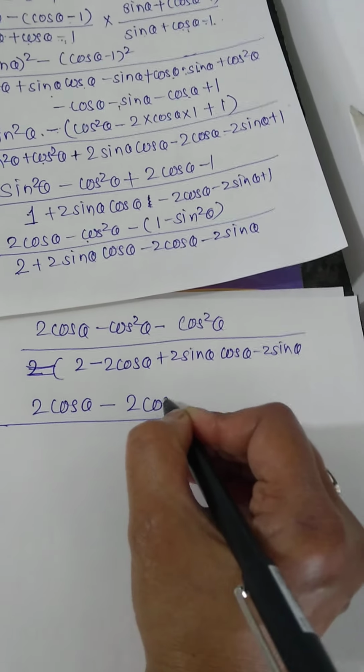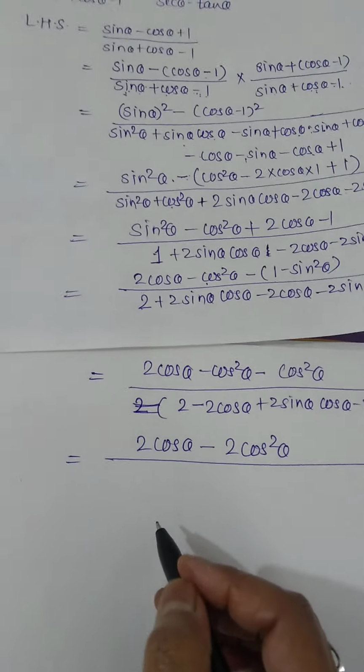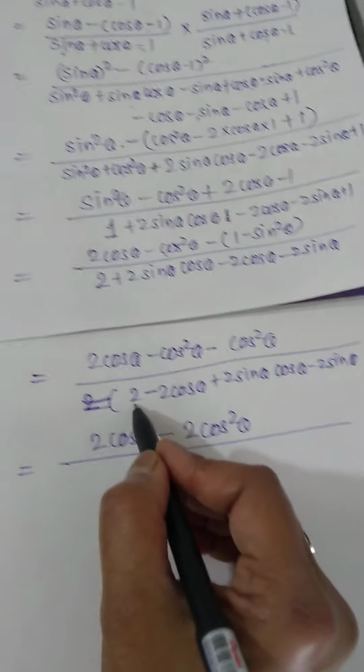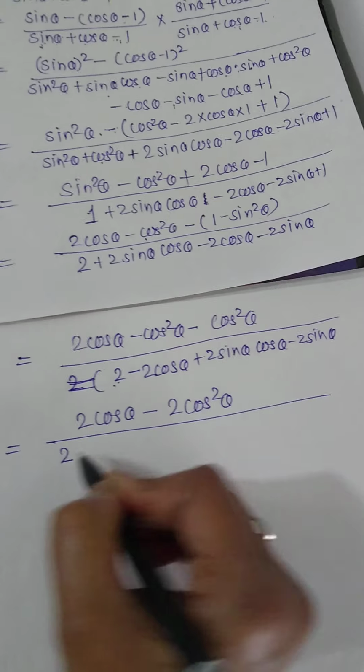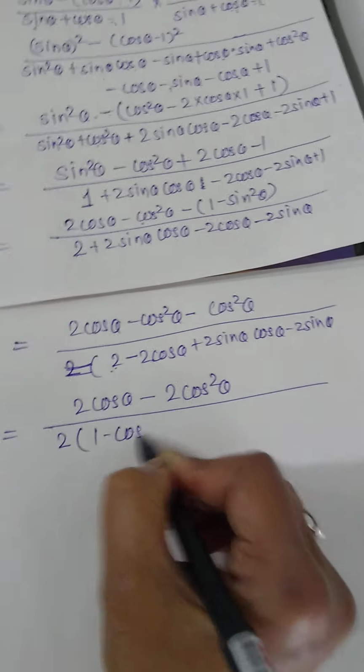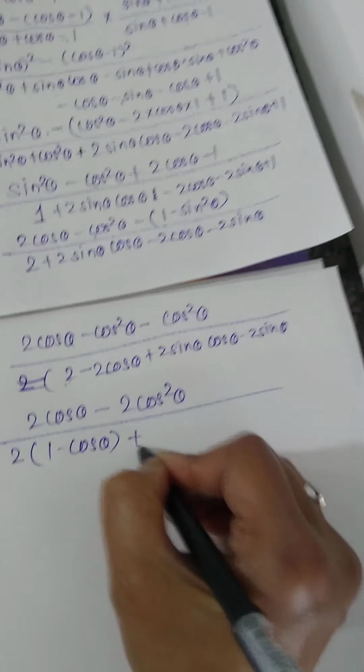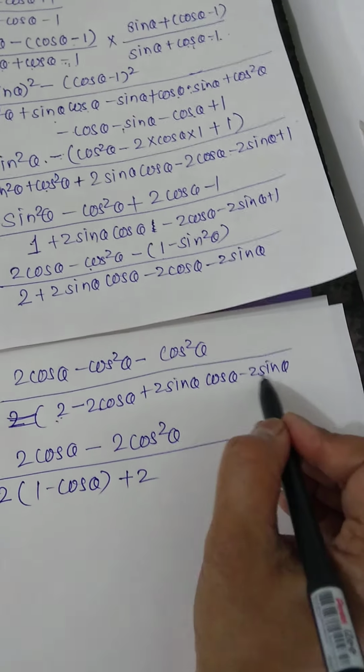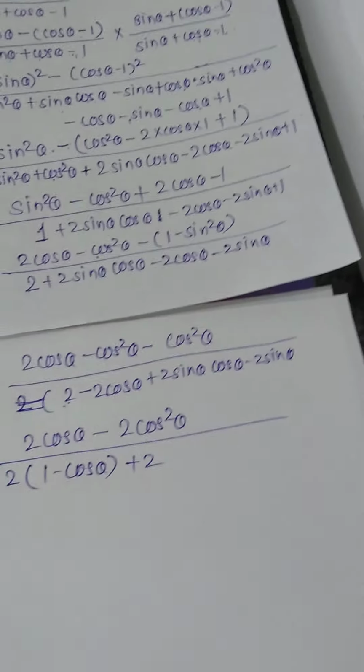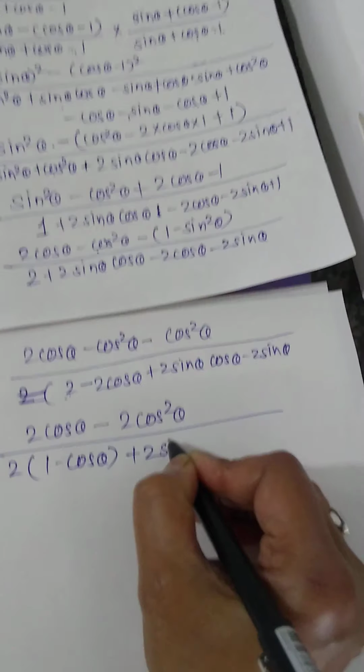We can add these two terms, minus 2 cos²θ. Now we have to take common from both these terms: 2 is common, and 2 sinθ from both these terms we have taken common.